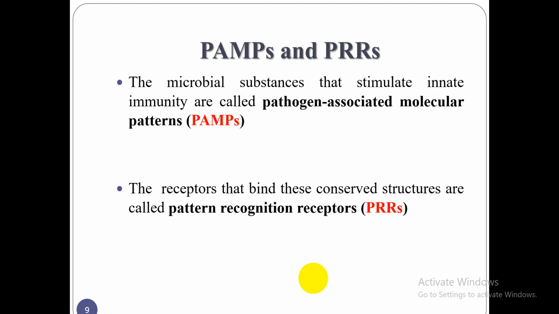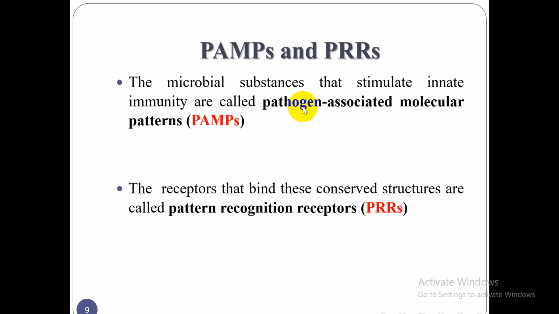We have two different expressions. One of them is PAMP and the other one is PRRs. PAMPs or pathogen associated molecular patterns are the microbial substances that stimulate innate immunity.